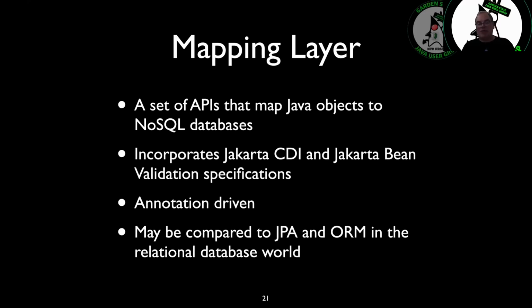We'll see that when we get to our example. You can compare this to using JPA, the Java Persistence API, now Jakarta Persistence, and ORM, object relational mapping, such as Hibernate. So this is how you can compare the mapping layer.